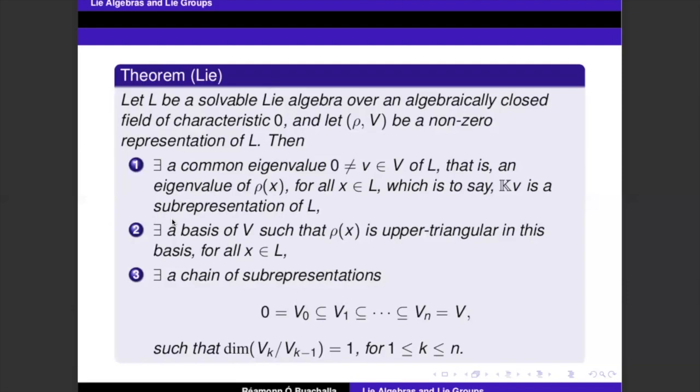Okay. Now remember, for Engel's theorem, what happened was that the Lie algebra actually moved you along the chain. So if you were in V1, yeah, it would move you successively up. We don't get that here. Okay, I should say, sorry, it moved you down.